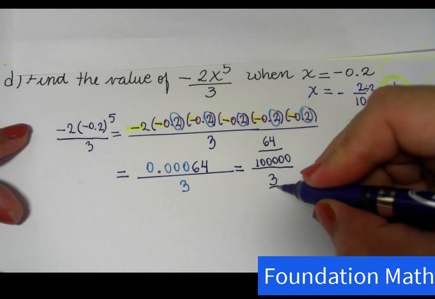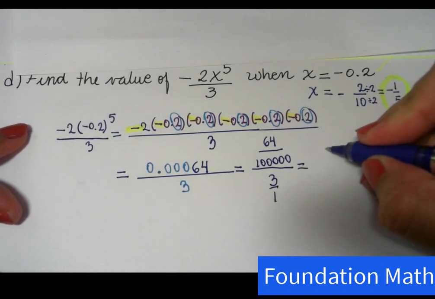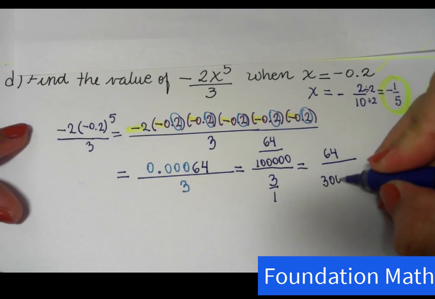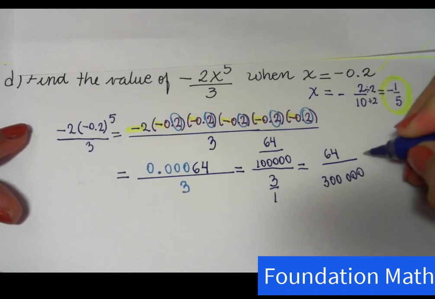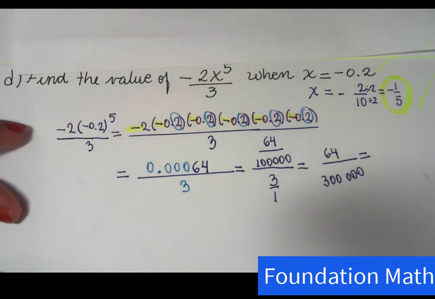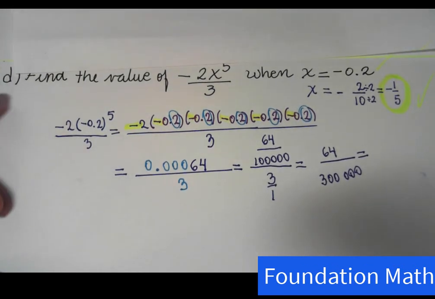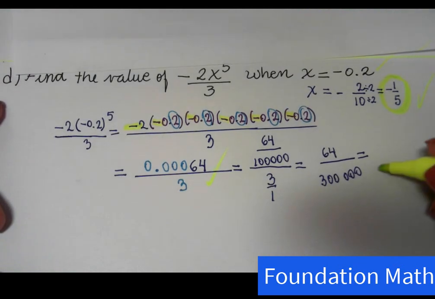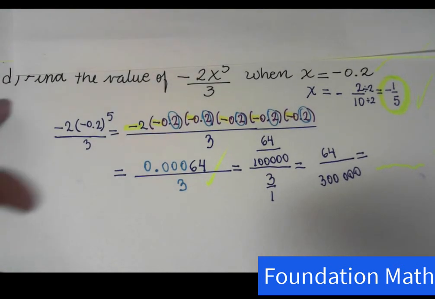This is equal to 64 over 300,000. You just use the calculator, okay? 64 and 300,000, and you get the final answer. So if you want, you just leave it like this. If you want, you just use your calculator and you answer the expression. Okay?